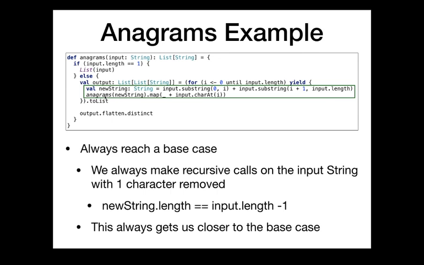And when I make my recursive call, I'm taking that string, removing one character from it, and then making the recursive call on what's left. So whenever I make a recursive call, I must be making a call on a string that is length 1 less than the length of the input string. So if I'm always decrementing the length of the strings for my recursive calls, I'm eventually going to get to my base case of length 1.